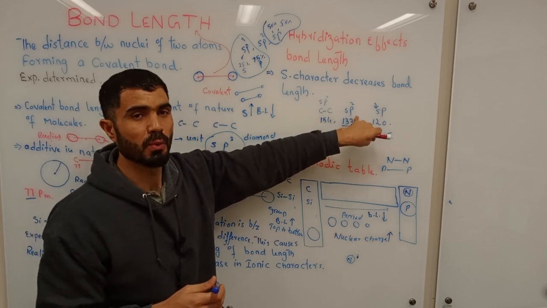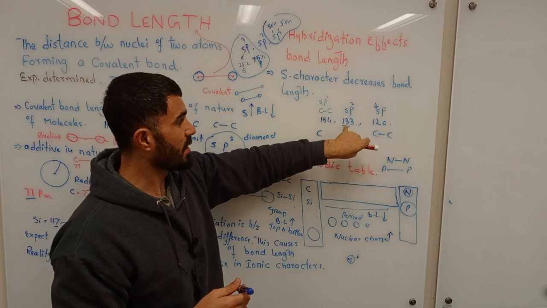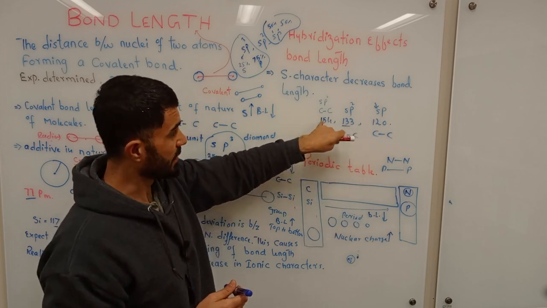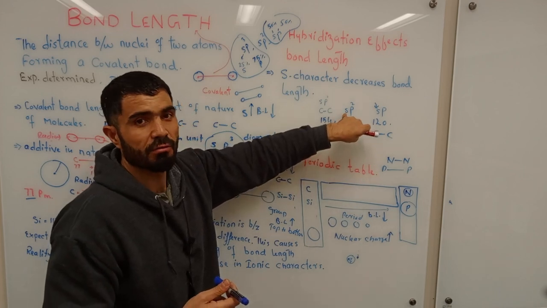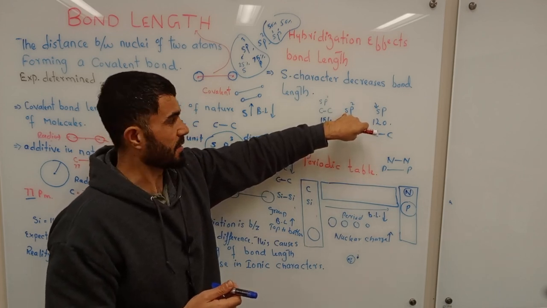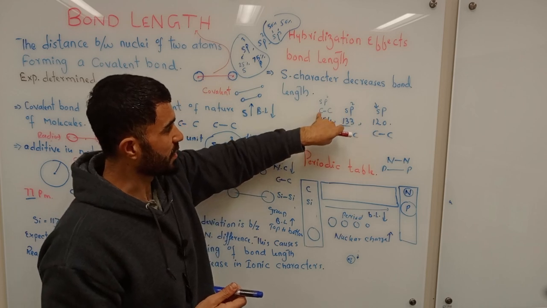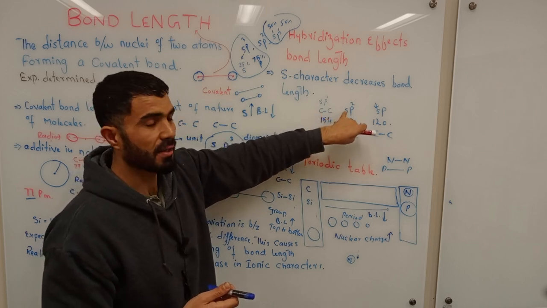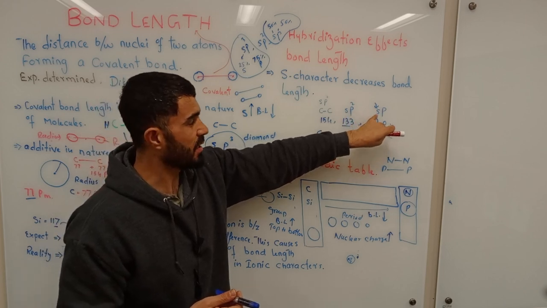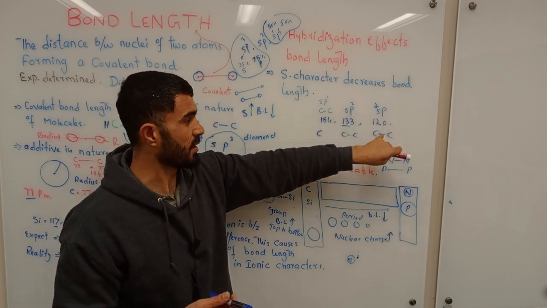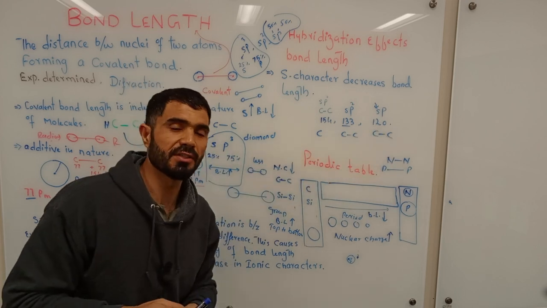In sp2, the carbon-carbon bond length is 133, not 154, so it has decreased. This is because of the increase in s character: here it is 25% s, and here 33% s character. But here 50% s character, so the bond length is further decreased.